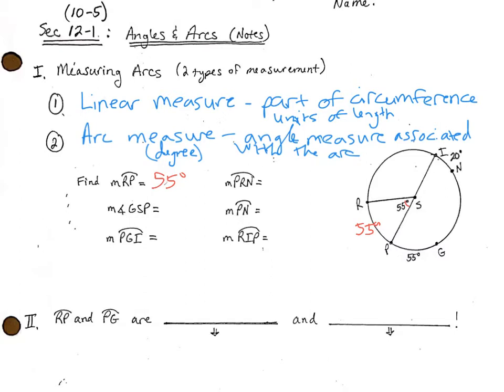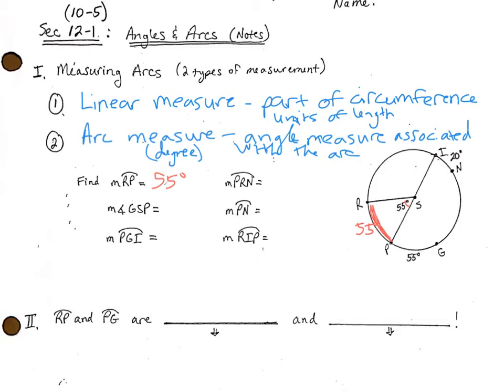The major arc is exactly what the majority is, more than half. The minor arc is less than half. So if we're going from R to P here, that's less than halfway around the circle, so we call that the minor arc.